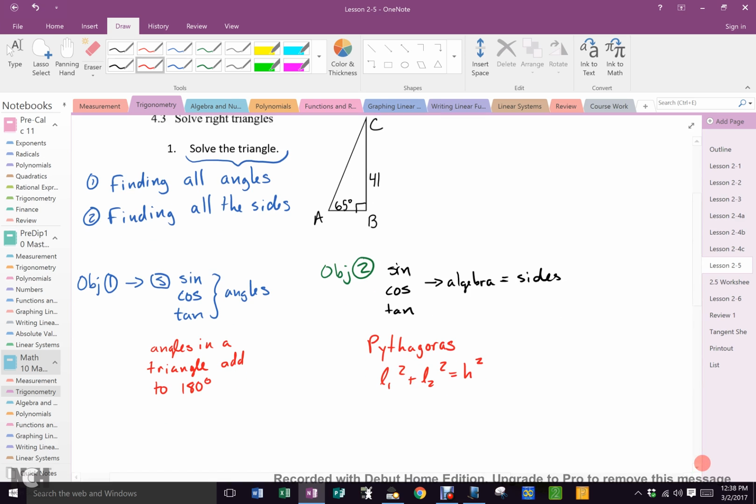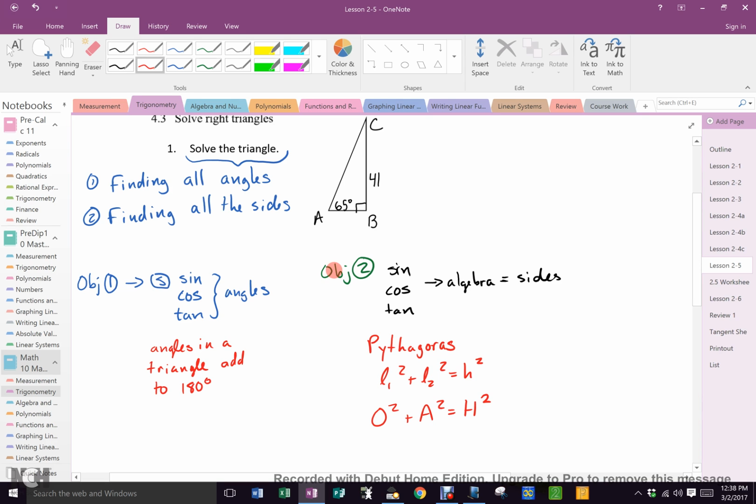Or, what do we call the legs in trig? What are the legs always? Opposite squared plus adjacent squared will get me h squared. Right? All of that finds your sides.